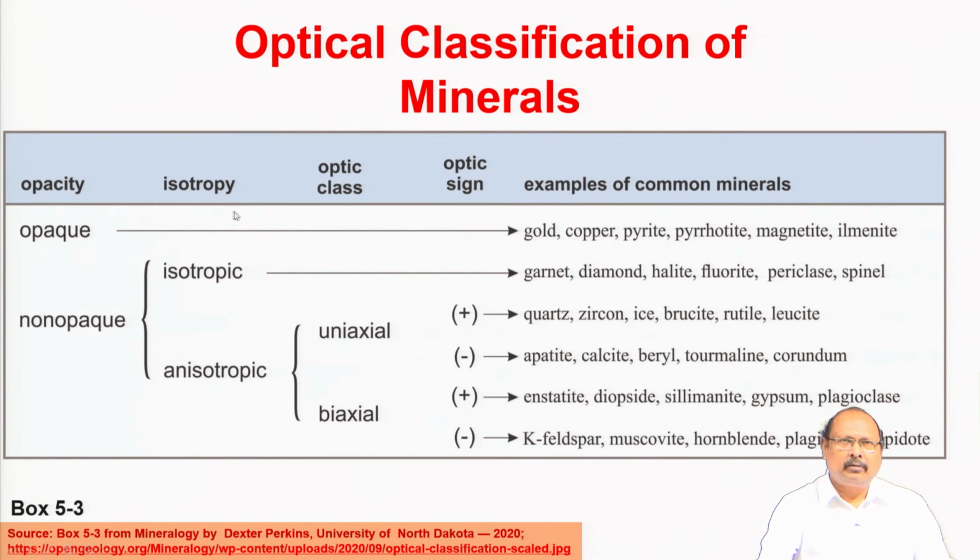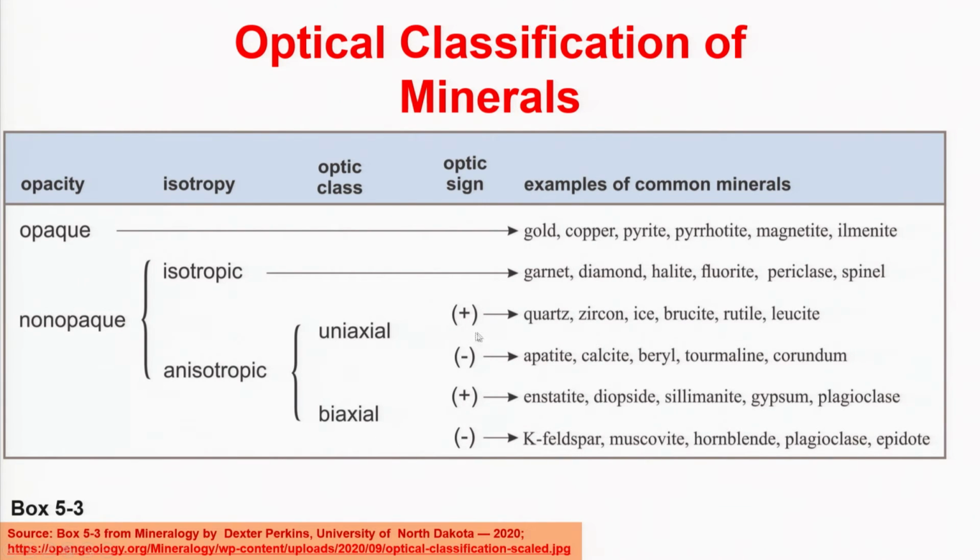Okay. Now, let us classify the minerals on the basis of isotropic and anisotropic groups. For isotropic mineral groups, there are certain examples you can see: garnet, diamond, fluorite, spinel are good examples of isotropic minerals, whereas anisotropic mineral groups can be classified into uniaxial and biaxial.